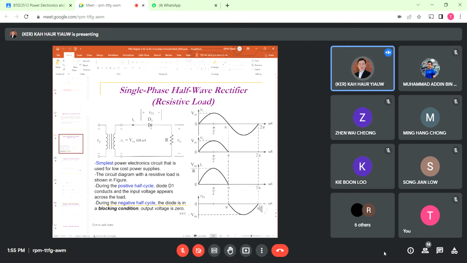So the diode is in forward bias, so it conducts. When the diode conducts, we assume it acts like a wire. So you measure this point and this point, you are in fact measuring two points along the wire. The wire, normally we assume has no resistance, so you measure nothing.